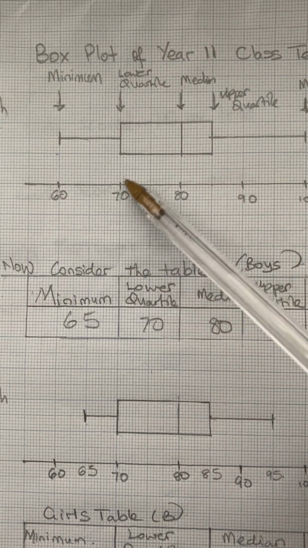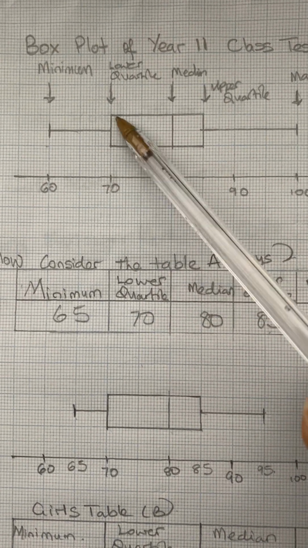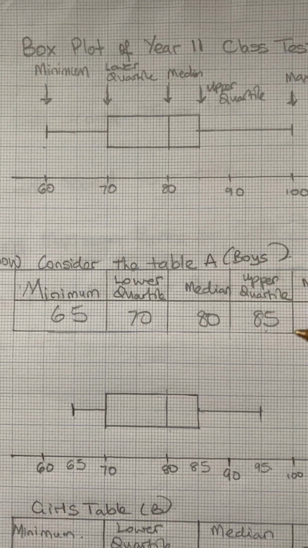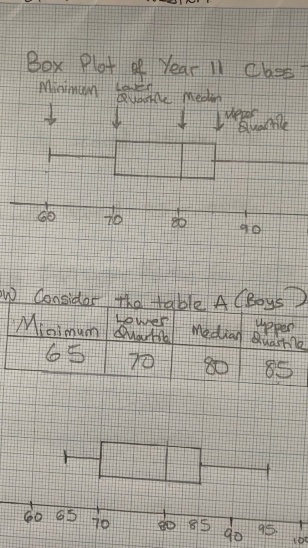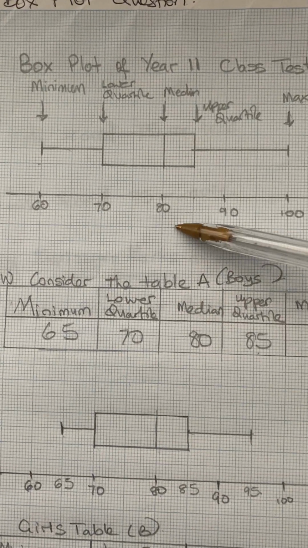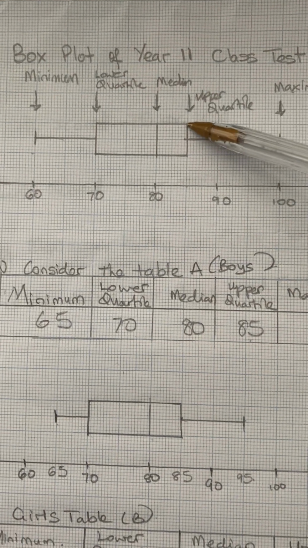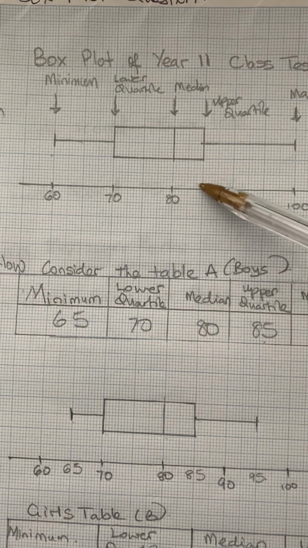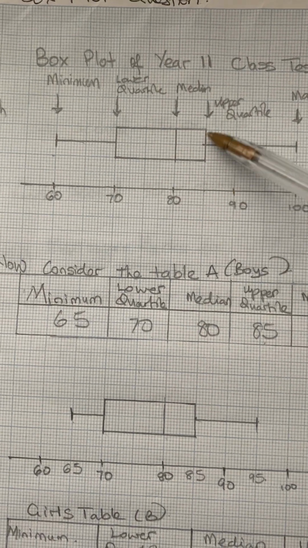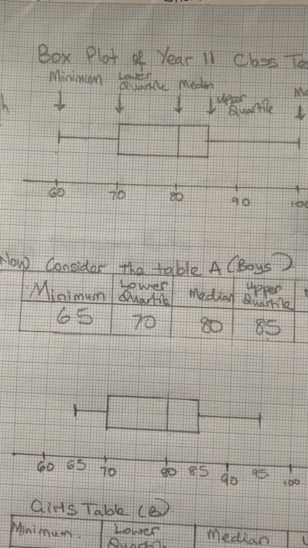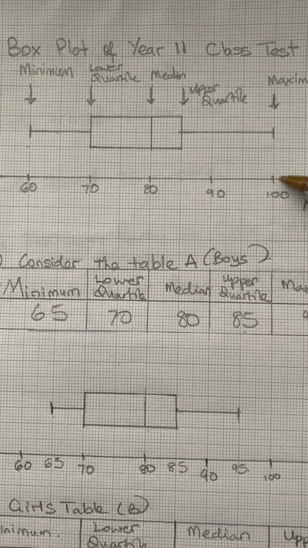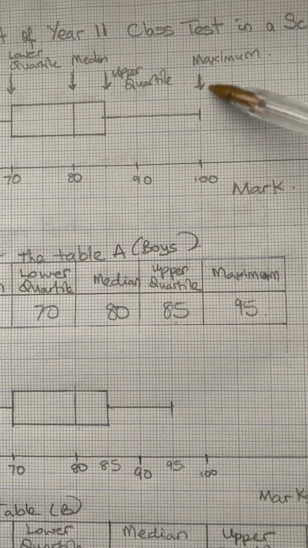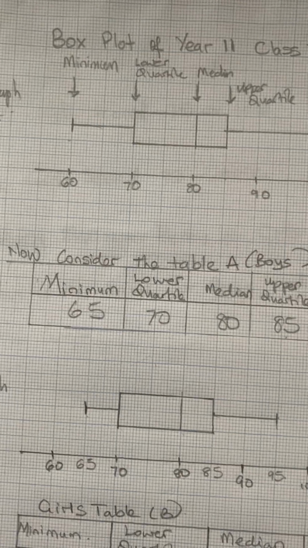Lower quartile is the first 25% from the minimum. 80 is the median. Upper quartile here is 85, which is the first 75% of the students. And then the highest, the maximum mark is 100%. Okay.